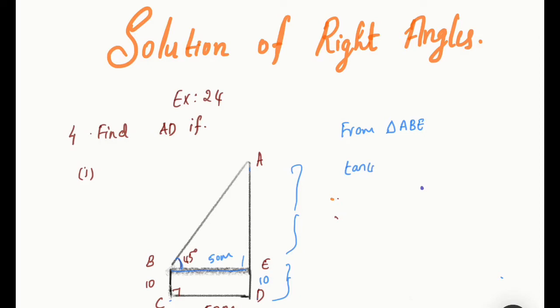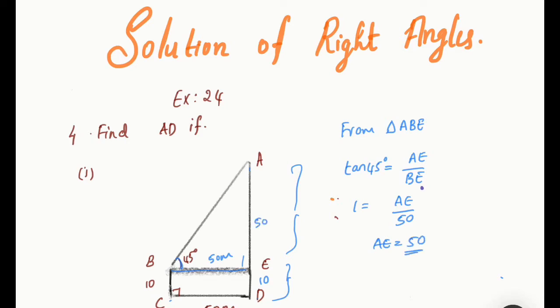So I can directly write tan 45 equal to opposite perpendicular, that is AE by BE. What is tan 45? It's 1. So 1 equal to AE by BE, which is 50. I get the value of AE equal to 50.